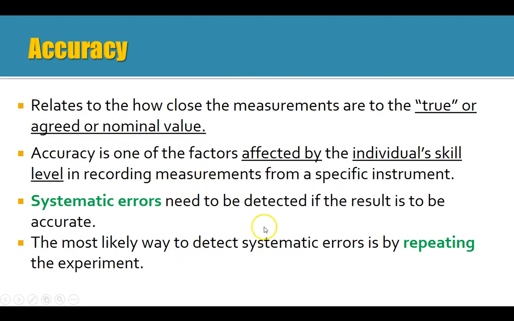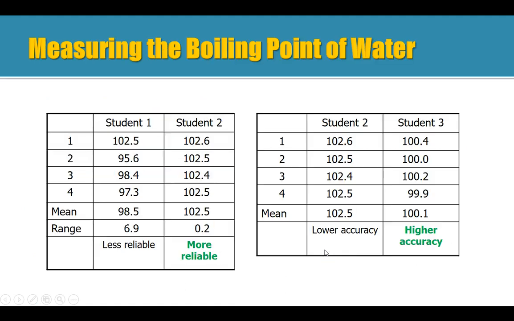And the way that we determine systematic errors is by repeating the experiment. So if we have a look here, students 1 and 2 have looked at the boiling point of water. Now we know water boils at 100 degrees Celsius. If we look at student 1, we can see that their results are all over the place.